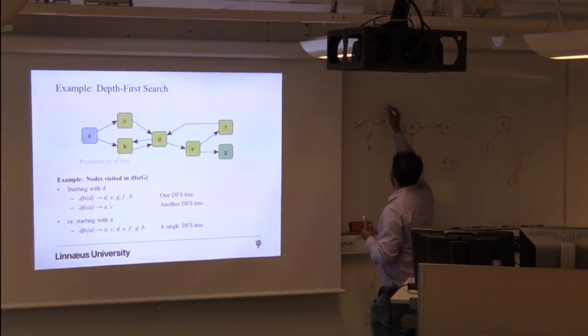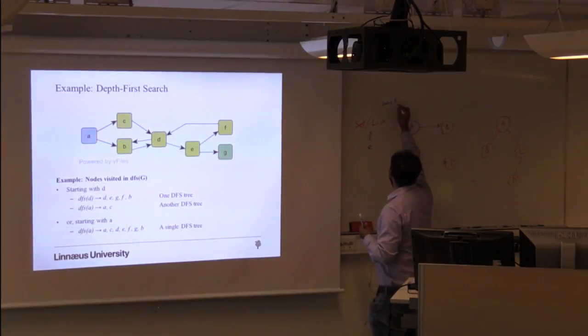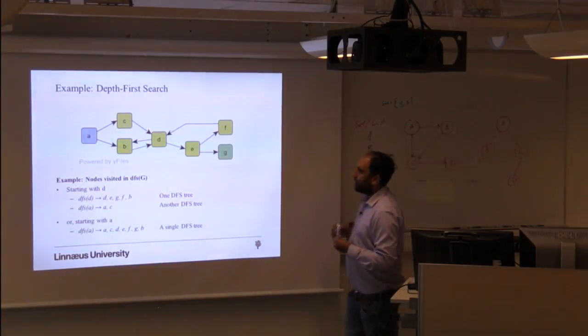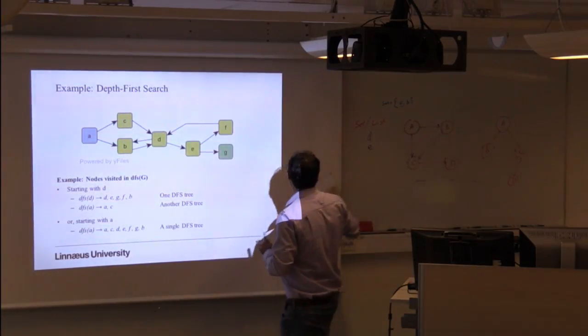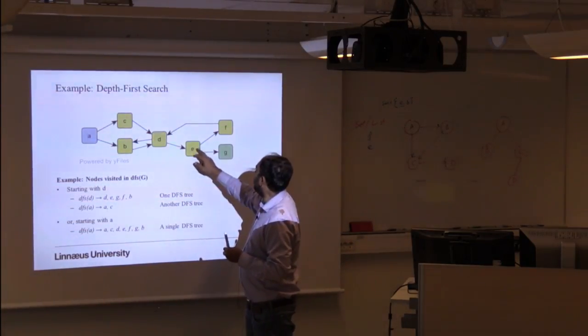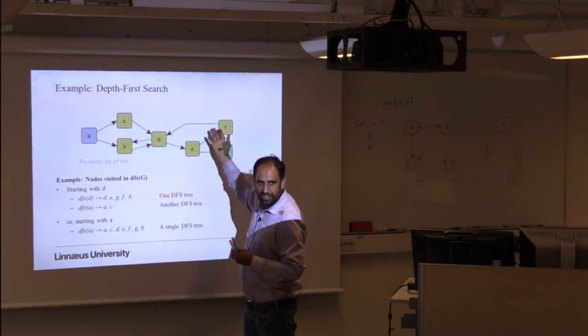So the successors of D are E and B. I start with E, add it to this list, and then I check if E has more successors.